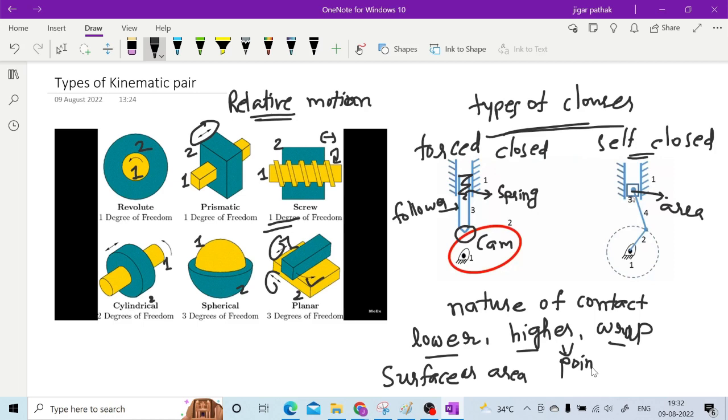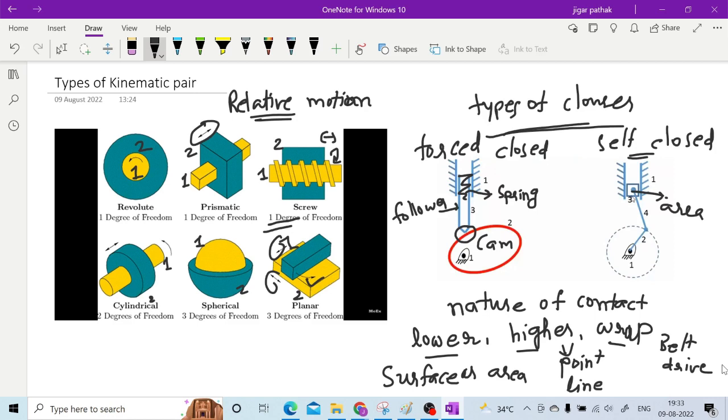Here in cam and follower you are having point contact. In your ball bearing you are having almost line contact. So this way you can have this higher pair in those mechanisms, right? And wrap will be there in belt drive and all, right? Means one of the elements is wrapping the other link, right? So in belt drive you can find this wrapping type of kinematic pair, right?